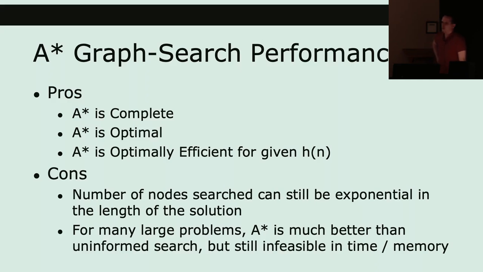And so for many large environments, A-star is much better than, say, BeFS, but it can still be infeasible in the amount of time and memory. Okay? So your memory may just blow up. So it's still an exponential search algorithm, even though we have these nice properties.